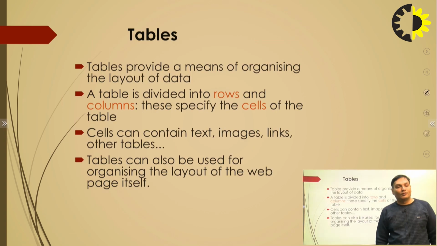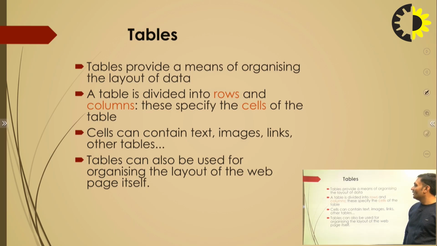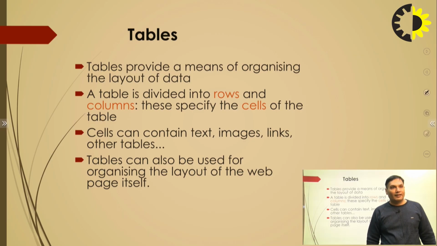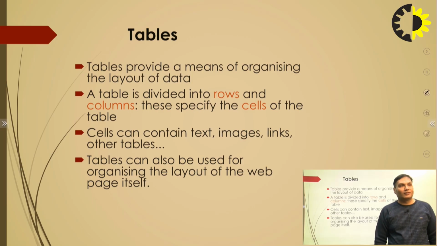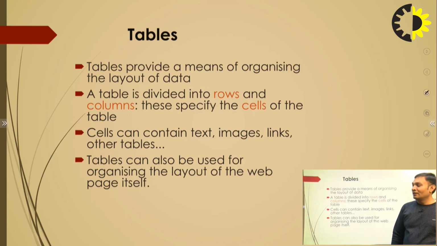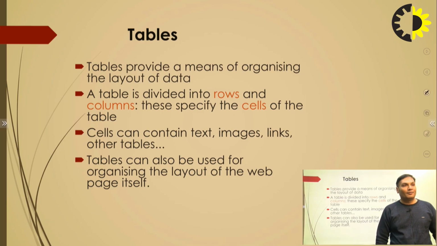Now come to the next tag mentioned in the syllabus, that is the table tag. A table provides a means of organizing the layout of the data. A table may be divided into rows and columns. That's generally called a cell of the table. A cell can contain text, images, links, and it may also contain another table.